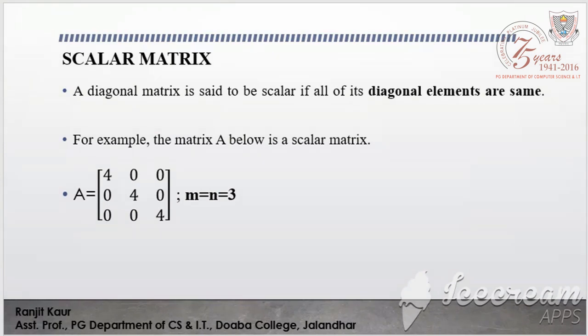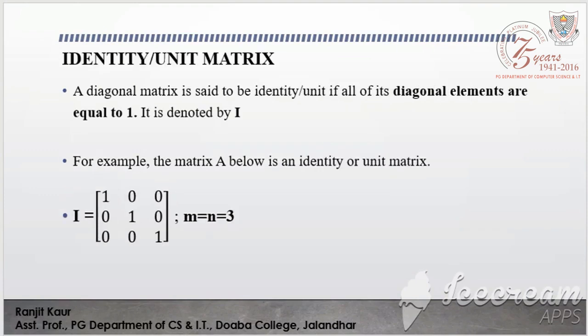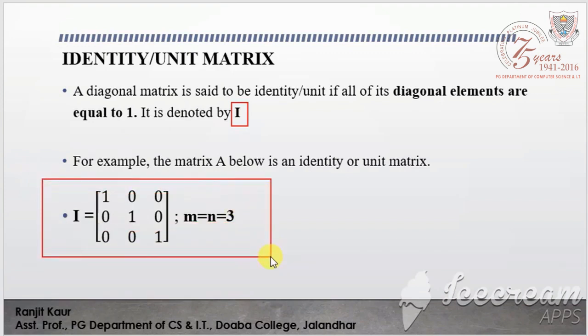So moving further, let's talk about the next type of matrix. So the next matrix is identity, or it is also known as unit matrix. Now what is this? A diagonal matrix is said to be identity or unit if all its diagonal elements are equal to 1, and it is denoted by I, capital I. So now let's see an example of this. So here you can see an example of identity matrix clearly.